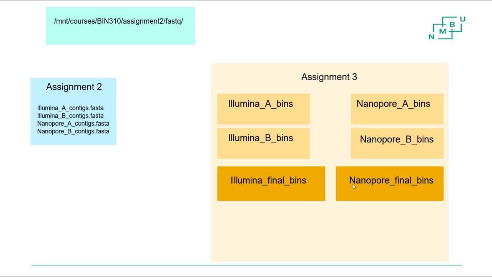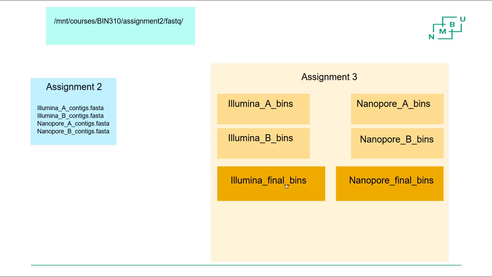Otherwise, you will get a mixture of both, right? In some cases, that would actually be okay to do. But in this particular case, it's not okay, because the whole purpose of this exercise is to compare what you get from the Illumina data to what you get from the Nanopore data. So you have to keep them apart.